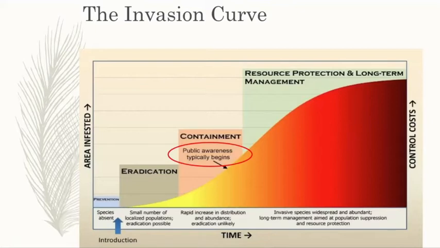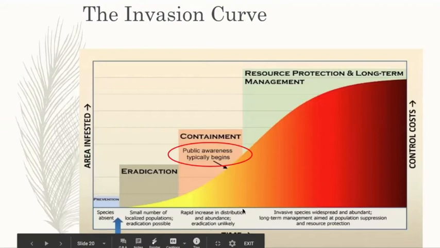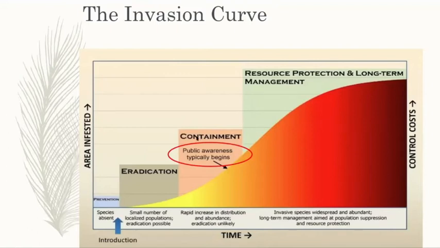Unfortunately, we don't always know that a species is invasive until it's here and behaving badly, and we can observe that behavior. So our awareness of the species, and the public awareness in general, often doesn't start until the species is far along in this progression.